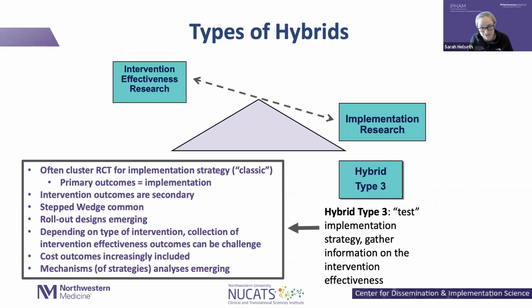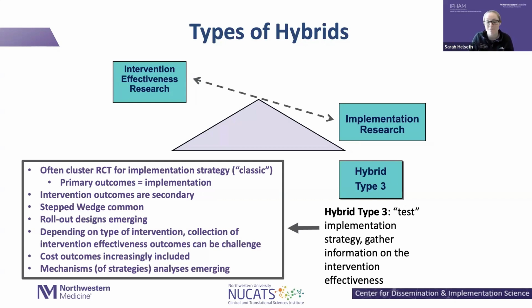We also have, as I mentioned, hybrid type 3s, where we're less interested in effectiveness, but sometimes we'll still collect it anyways because the opportunity is there. And you often see this, especially with electronic health records data, because really here the focus is on finding out which of these head-to-head implementation strategies or implementation plans with combined strategies were more effective at implementation.